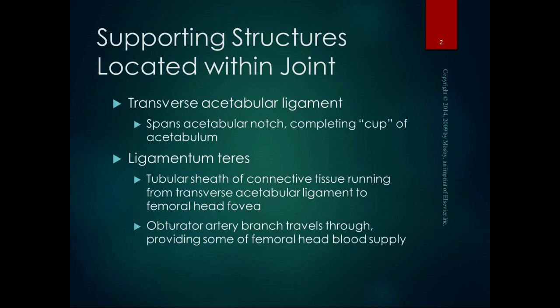So for these different ligaments, what I want you to know about ligaments in general, of course we're going to talk about the ligaments of the hip here, but in general, their job is to prevent certain motions. They need to stabilize the joint. So they're going to prevent excessive motion in the joints. So when you're thinking about ligaments, the way I would suggest that you think about it is, what motion does this ligament prevent?